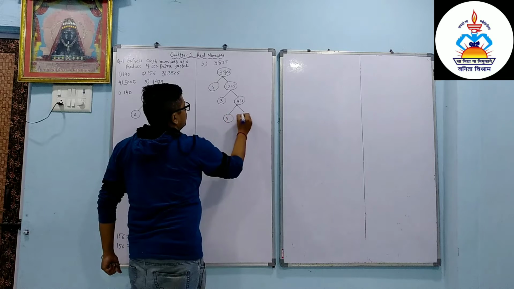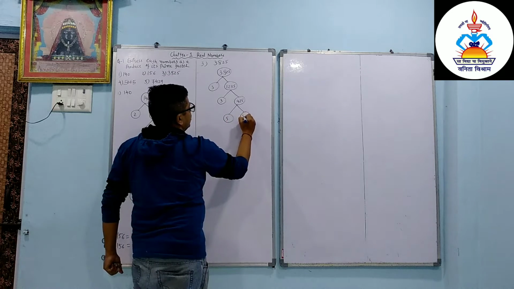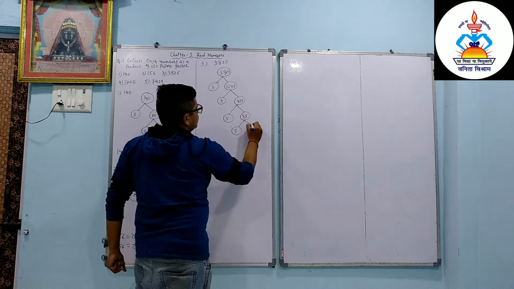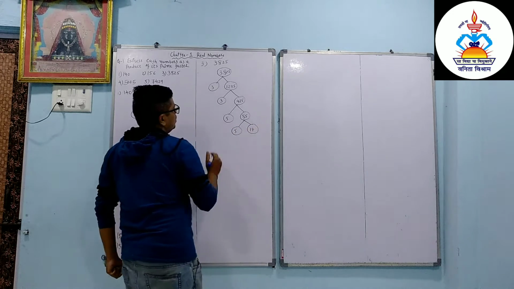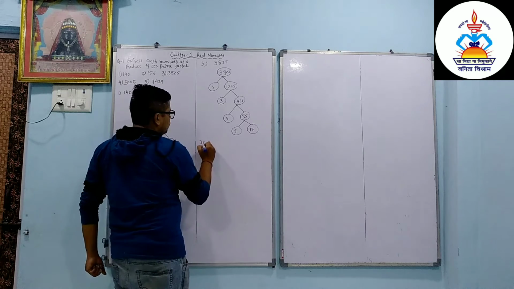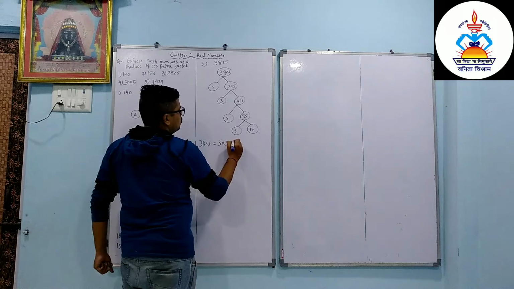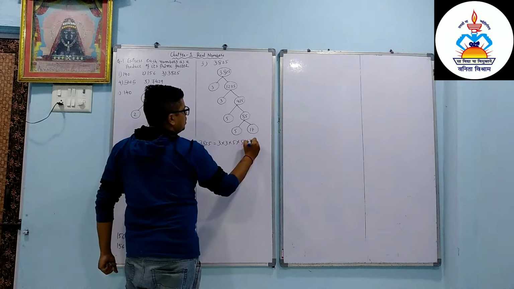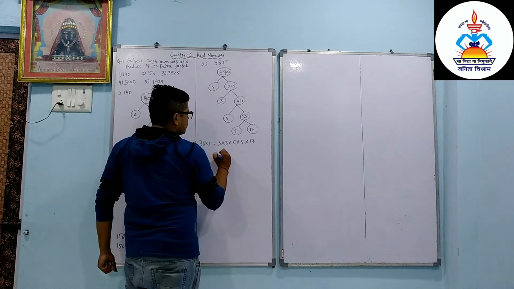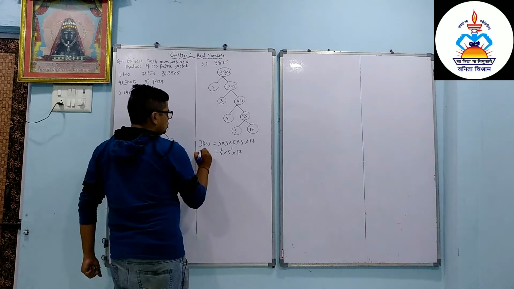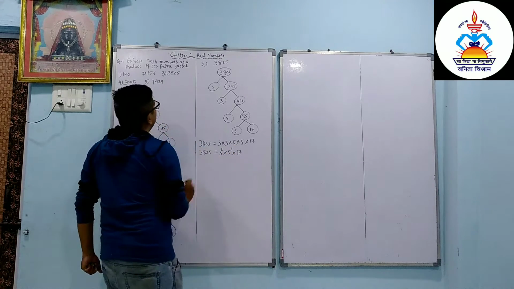Okay, 85, 5 fives are 25. Then another factor we have is 5, and 17. Okay, so we can write 3825 in this form, 3 into 3 into 5 into 5 into 17. So we can write 3 square into 5 square into 17. So these are the prime factors of 3825.